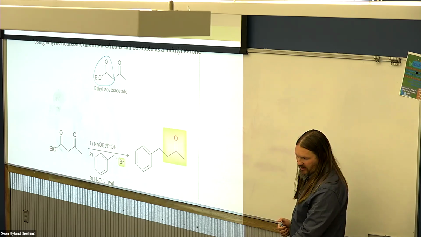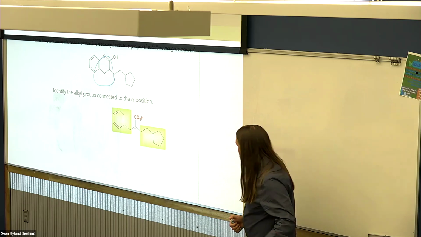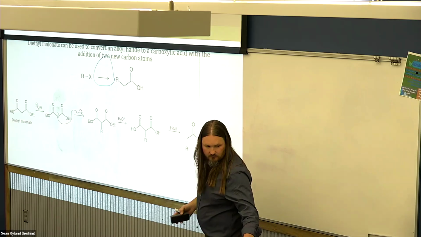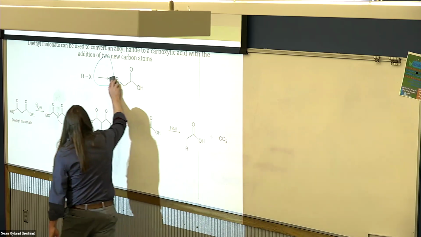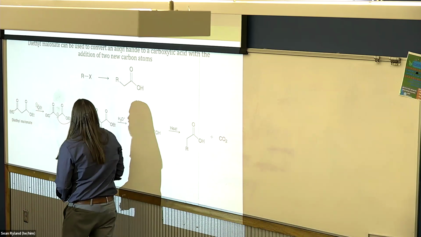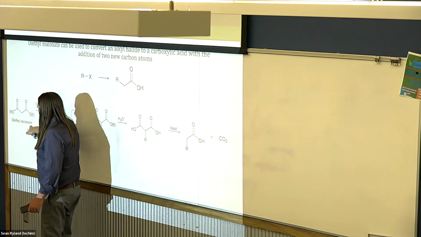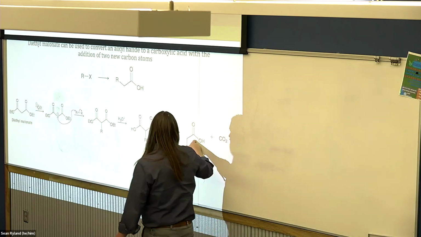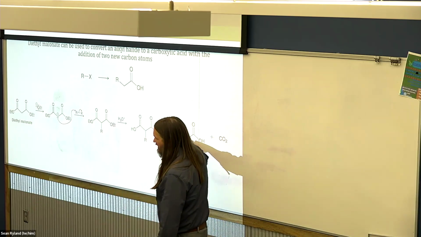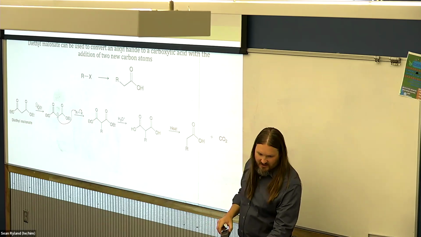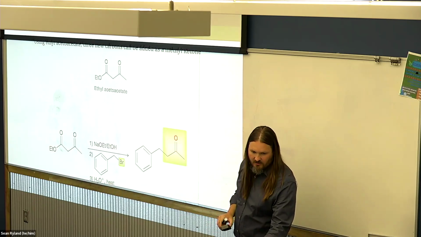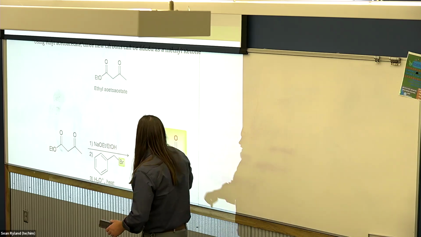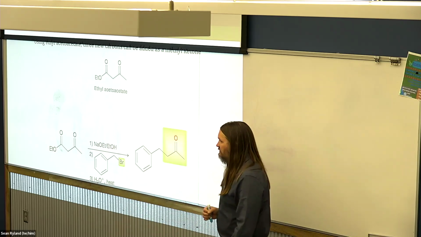And so to compare and contrast, here's our malonic ester synthesis. Diethyl malonate is going to lead to something that has a carboxylic acid attached, versus acetoacetic ester is going to leave us with basically an acetone molecule attached.